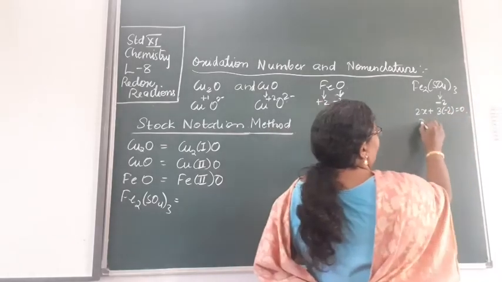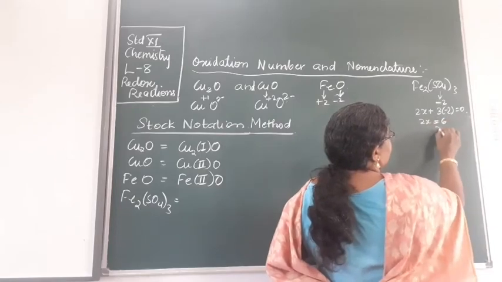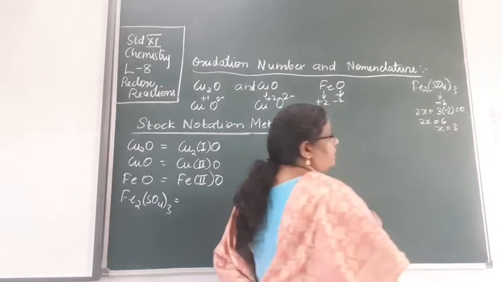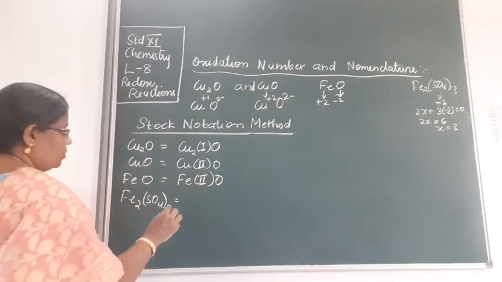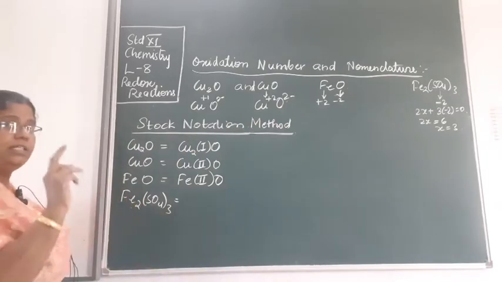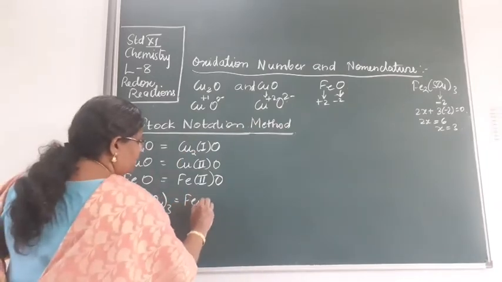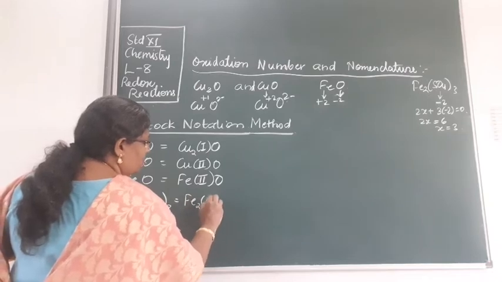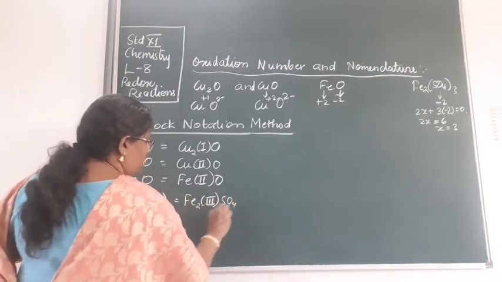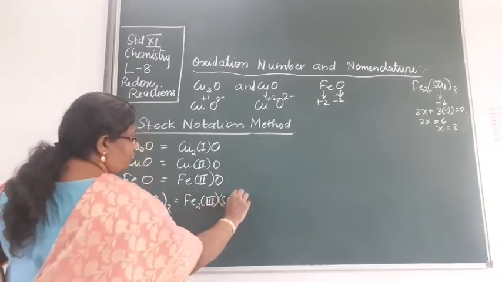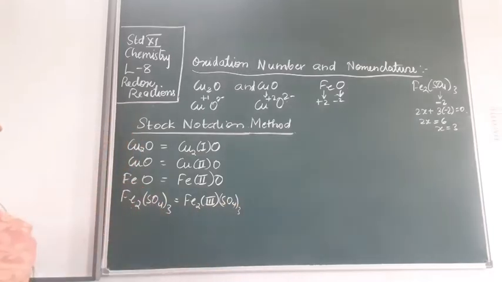Okay. So I have 2x is equal to 6, so x is equal to 3. Yes or no? So Fe in this case is in the +3 oxidation state. तो मैं कैसे लिखूंगी? Fe2 (III) (SO4)3. This is the notation for Fe2(SO4)3. Are you understanding?